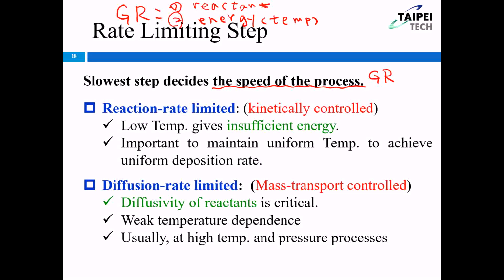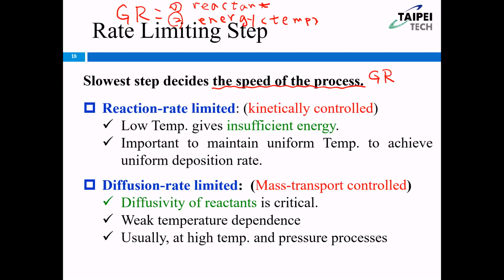If we want to know the growth rate or the deposition rate, there are 2 factors to determine it. The first one is do we have sufficient reactant or not? 我们有没有足够多的反应物？Do we have enough reactant or not? And the second factor will be, do we have sufficient energy? Sufficient energy means, is our temperature high enough or not?